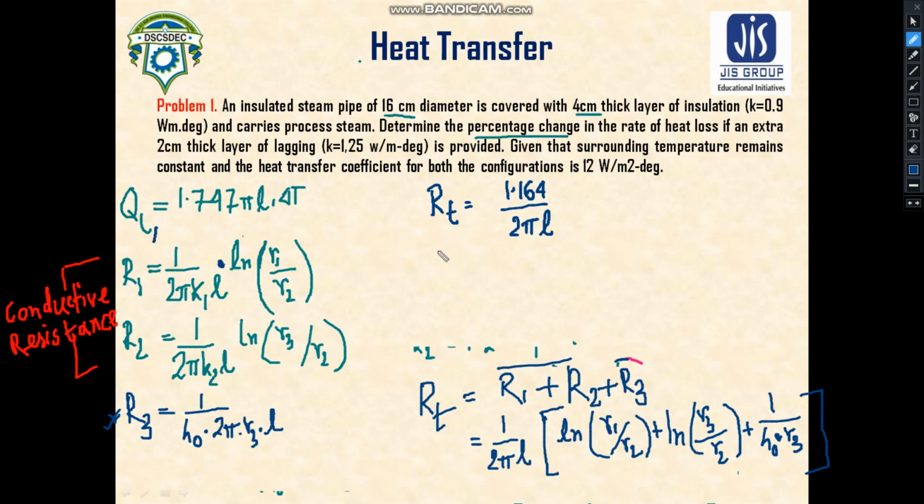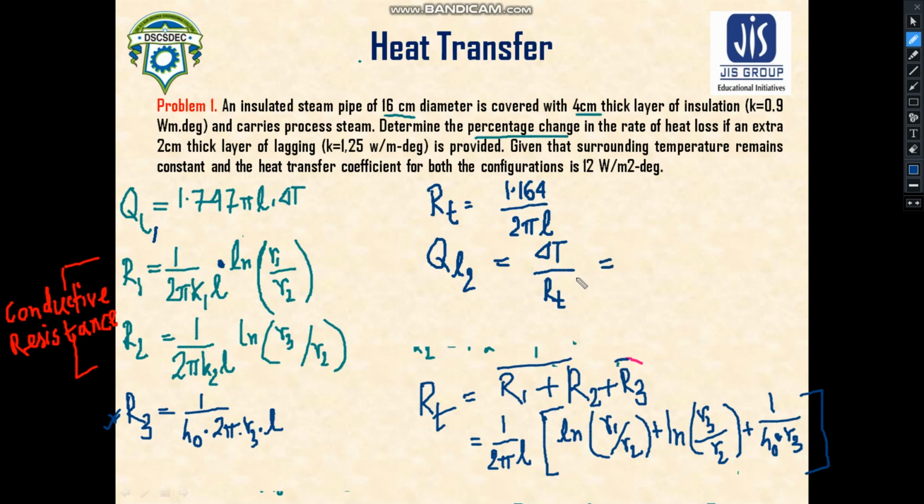If you are interested in finding the heat loss in the second case, you would write the same formula, that is delta T, the change in temperature, divided by RT, and we have already discussed that the temperature difference will not change for both the cases.